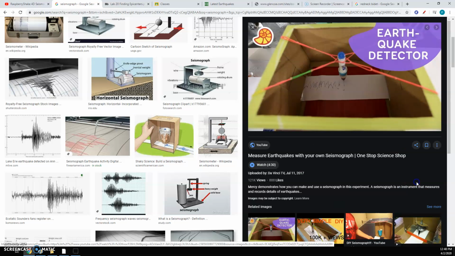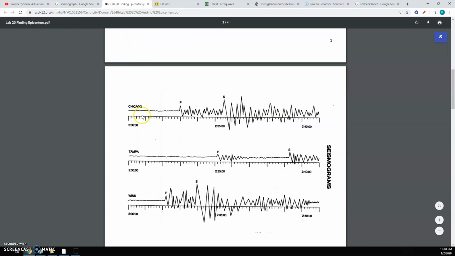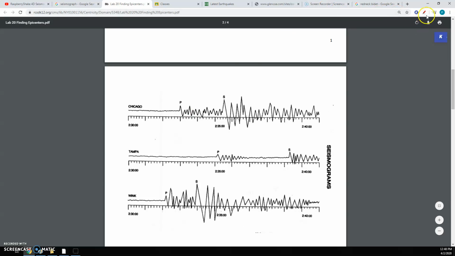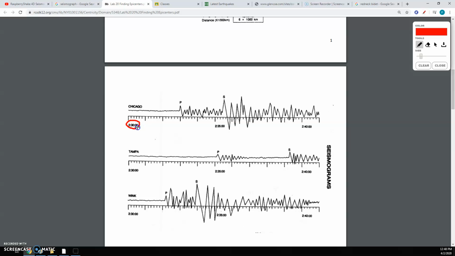So there's a couple different designs to make your own. So here's the type of information that a seismograph gives us. It's called a seismogram. We have a time axis. So these are times, and they're given in hours, minutes, and seconds.